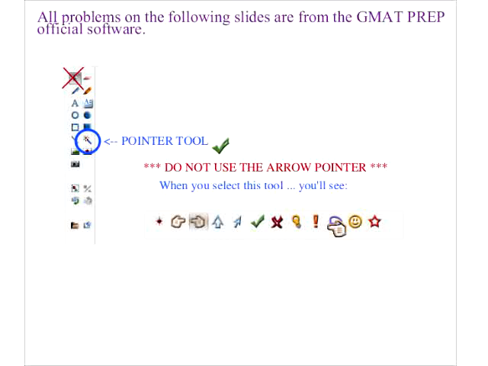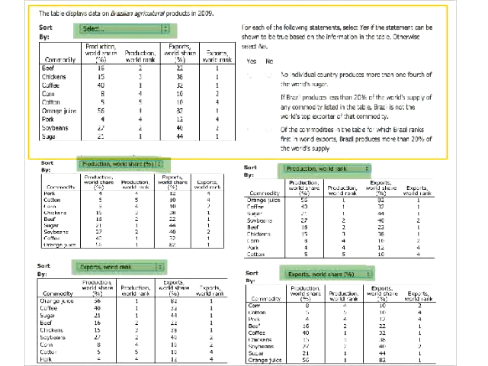Let's use the pointer for this part right now. Point at either the yes or the no. Okay, it looks like the class, again a bit of chaos, has more yeses than nos.